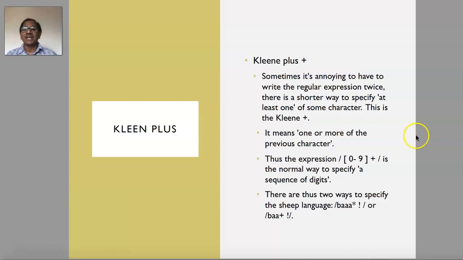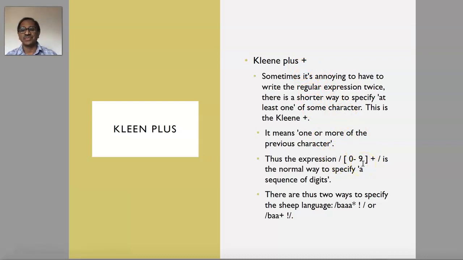So the expression 0 to 9, the disjunction of digits, with plus means this will occur 1 time or more. That means this is a simpler way of mentioning your integer now, right? So there are two ways now of mentioning an integer, either using Kleene star but mentioning 0 to 9 twice, or using Kleene plus but mentioning it only once.